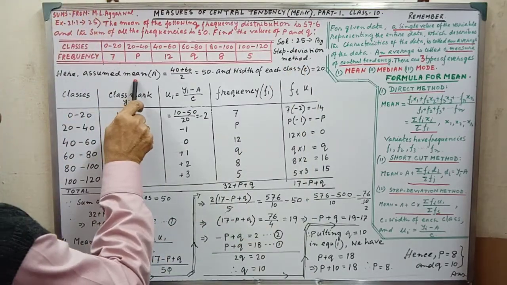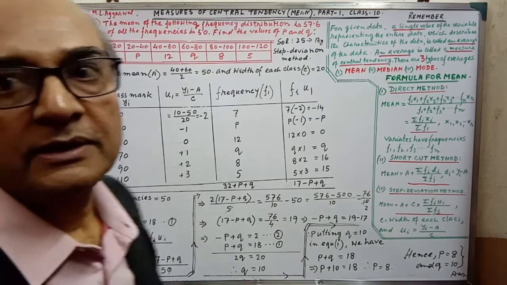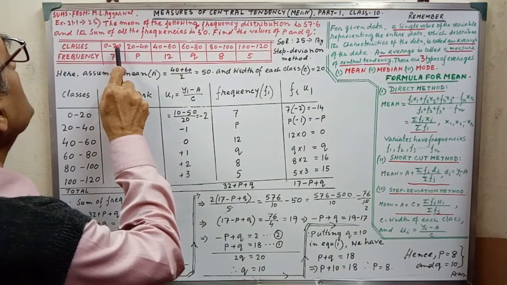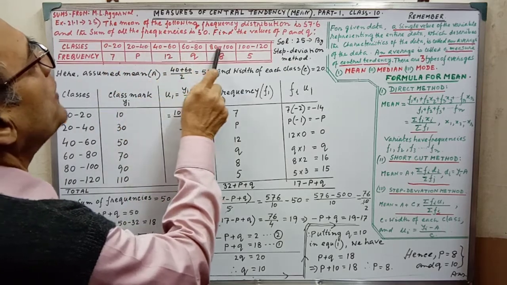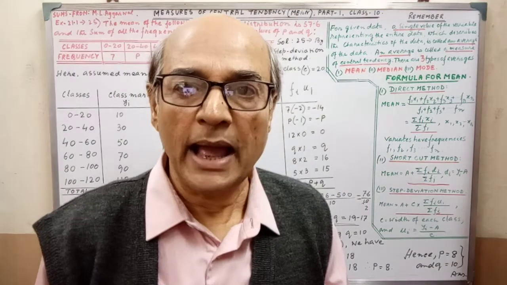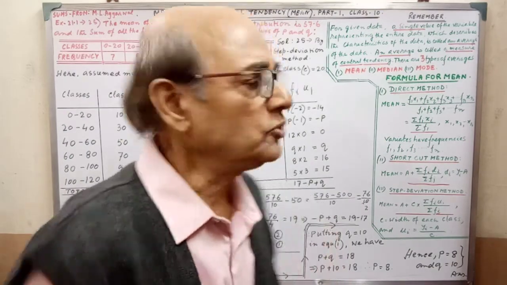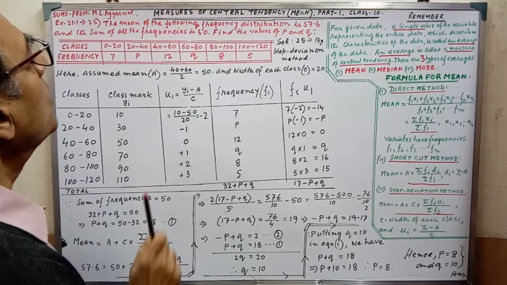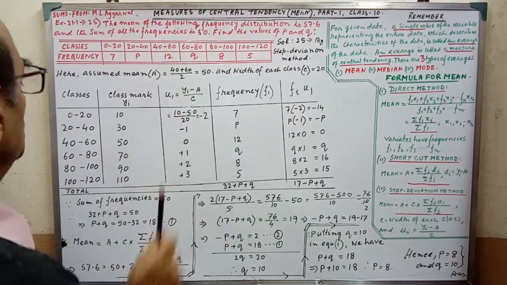Here assume mean. Assume mean, that means how many classes? 1, 2, 3, 4, 5, 6. Out of 6, the middle one will be the assume mean. Out of 6, there are 2 middle. Between these two, any one we may take as assume mean.